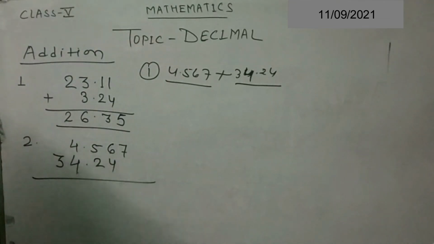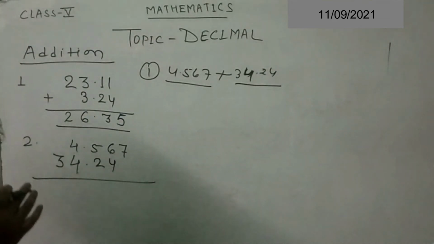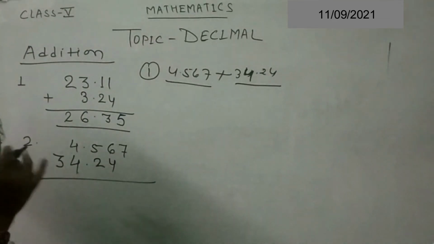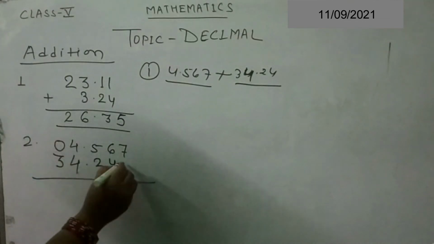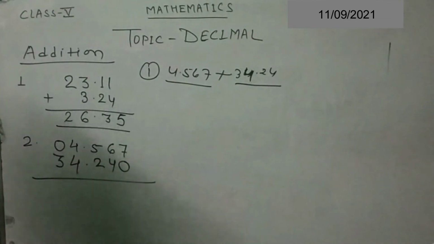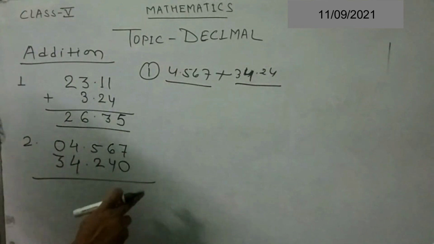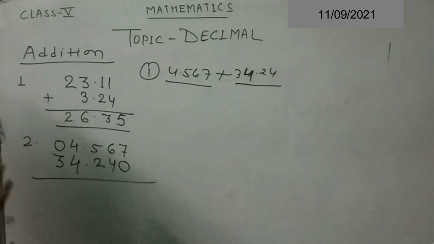If you have any confusion, then put in 0 so the numbers have the same length. Where there is no number, you can put 0. Put in 0 so the numbers have the same length and you don't have any confusion.